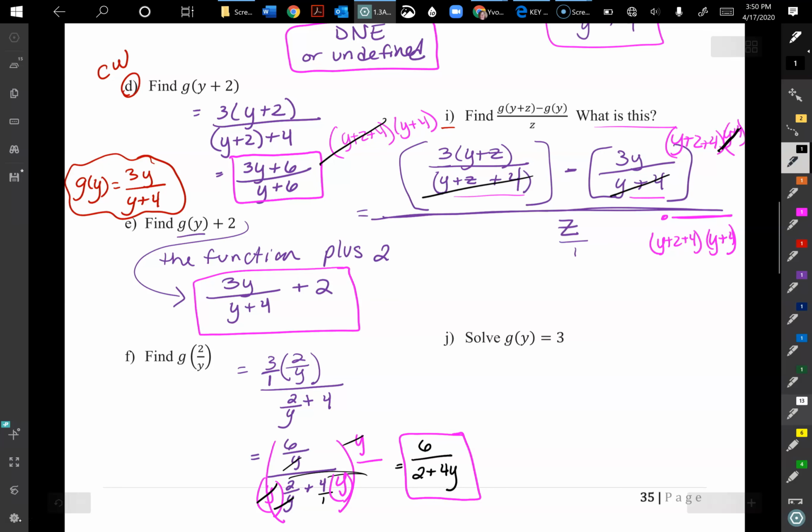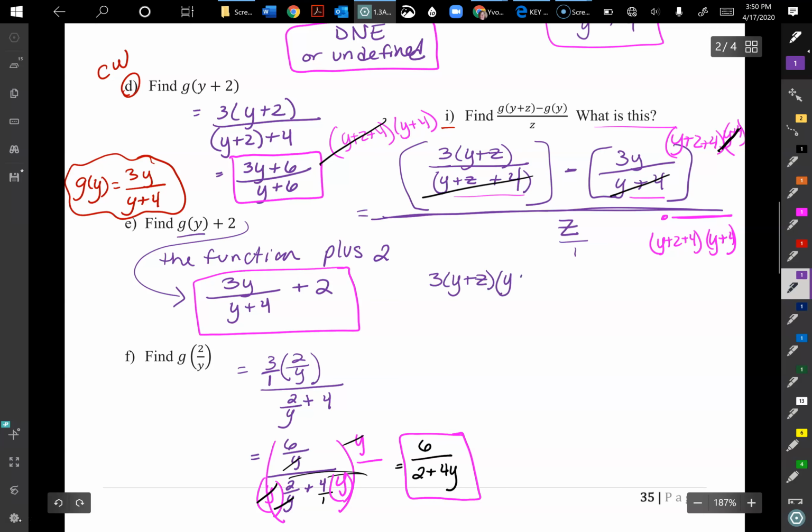So now I'm left with, let me get this out of the way for now, this 3y plus z in the numerator times y plus 4, and then minus 3y times y plus z plus 4, all divided by z times y plus z plus 4 times y plus 4, because nothing canceled on that one.